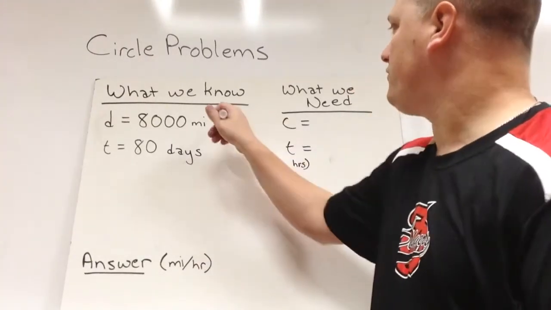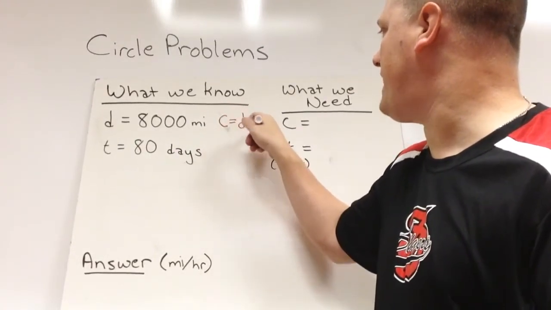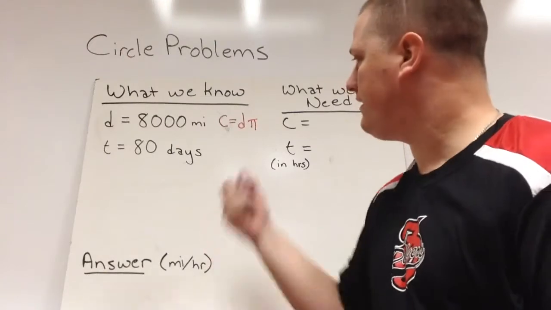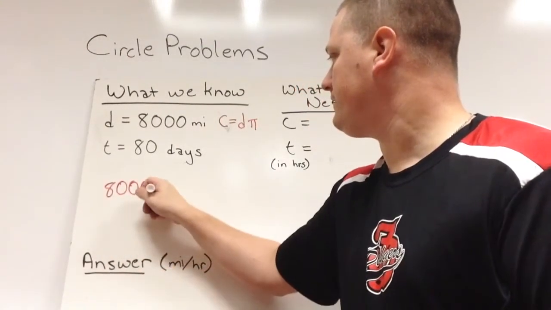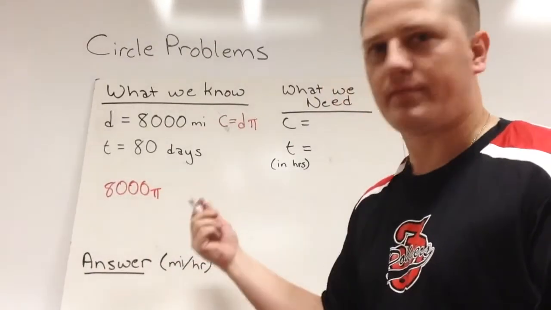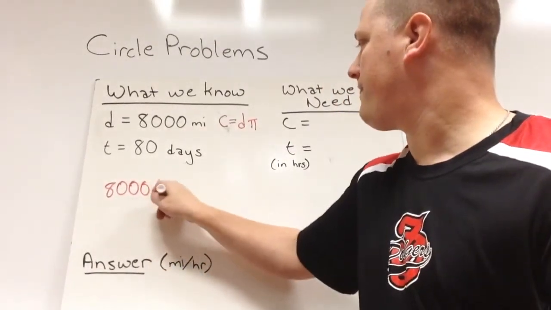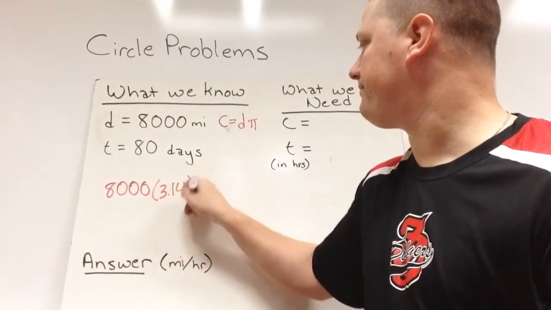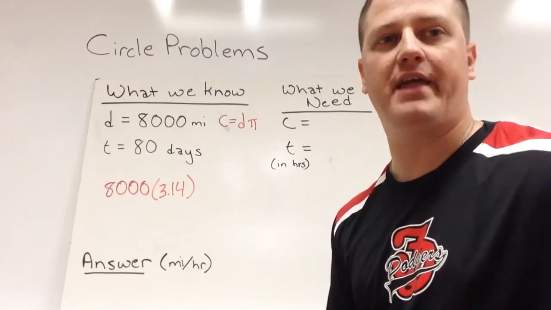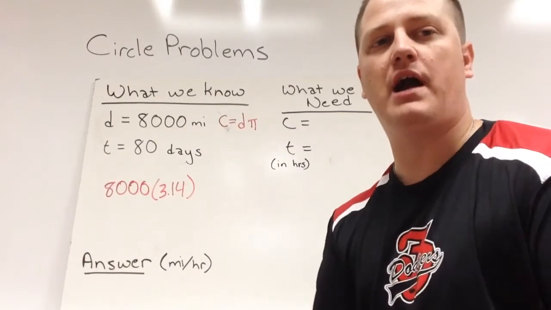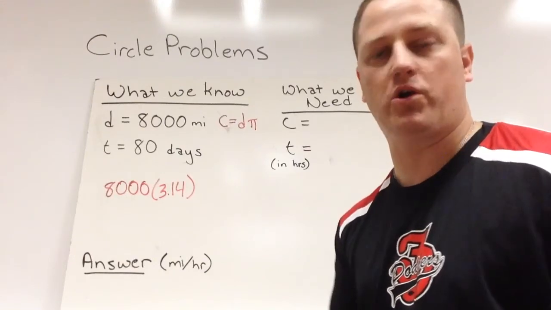Well, circumference equals diameter times pi. So we've got to take the diameter, 8,000, times pi. Instead of pi, I'm going to use 3.14, our rounded version of pi. And the reason for that is I don't want pi in the answer, I want a rounded answer that I can kind of work with.